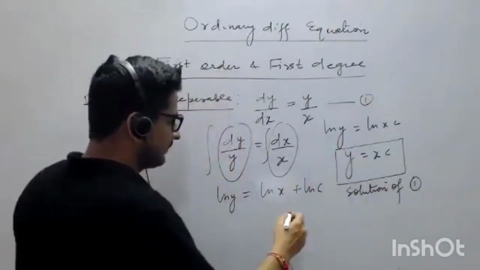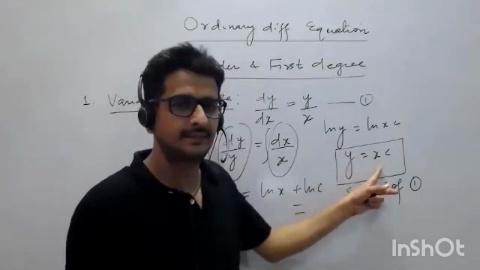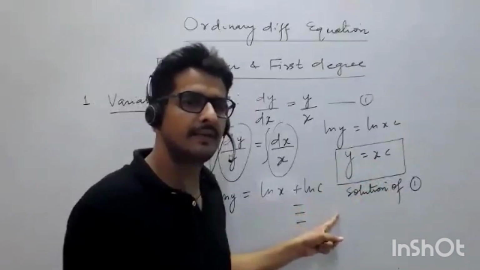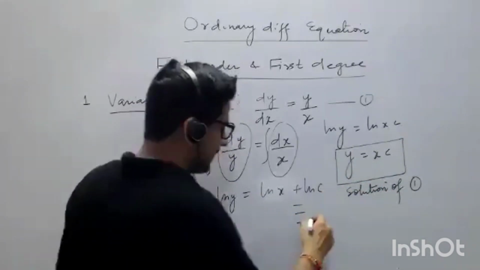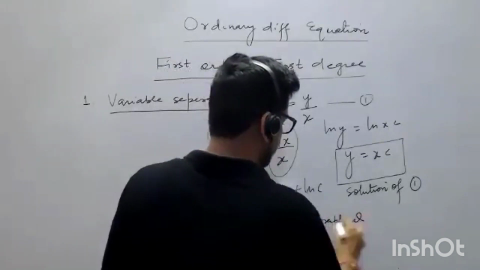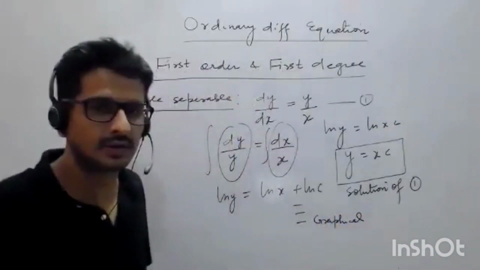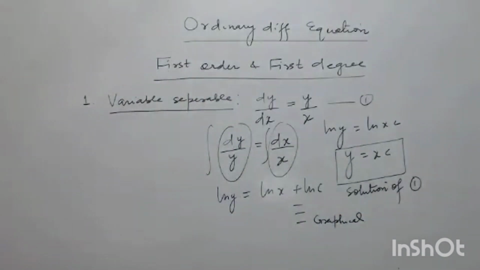So there are three kinds of solutions and all three are accepted. One is like this, second one will be in the form of an equation, and third one will be graphical. Graphical solutions are also accepted. So this method is known as the variables separable method.